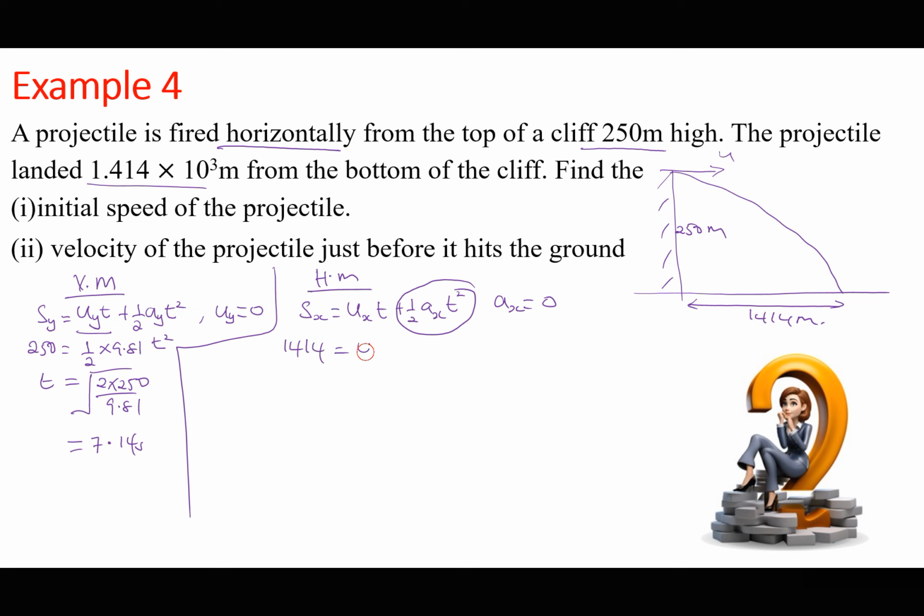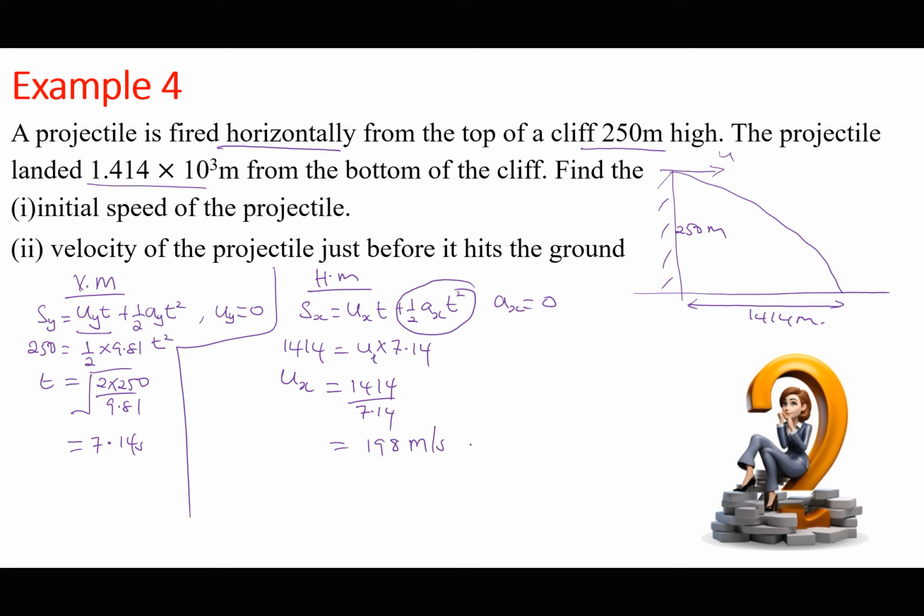Initial velocity in the horizontal is not known, but the time is the same, which is 7.14. So initial velocity in the horizontal is going to be 1414 divided by 7.14, which is 198 meters per second.